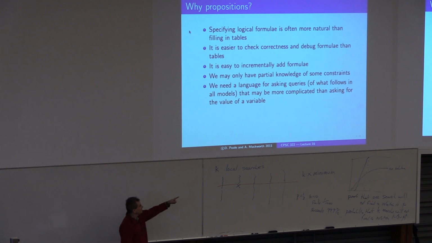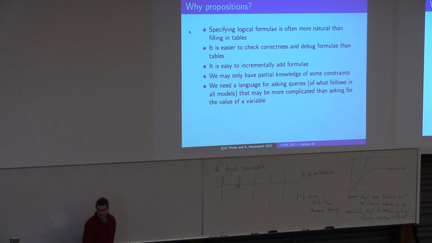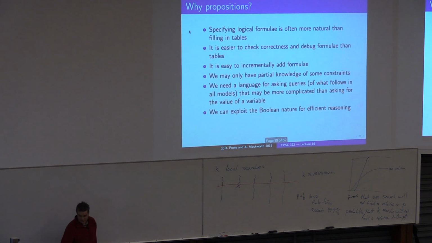We're going to show that maybe if the switch was down, then the light was off, is something that might follow. Or if it's broken, something that might be off. So we're going to prove that. So we have flexible languages. We can exploit the fact that things are only true and false, which can make reasoning much more efficient than we had before.